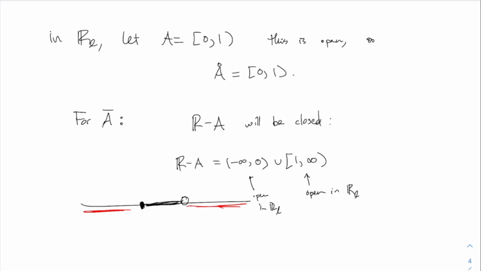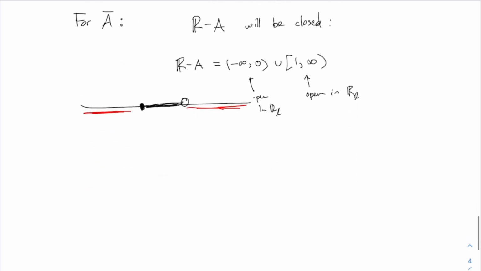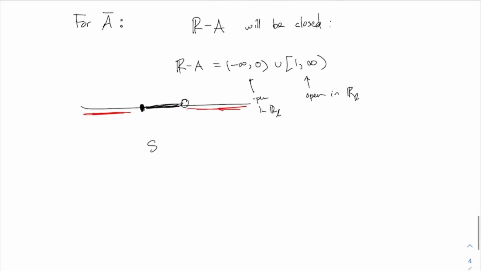So what's my conclusion then? R minus A is open, right? So that means A is closed because its complement is open.